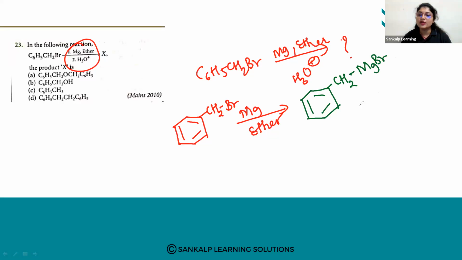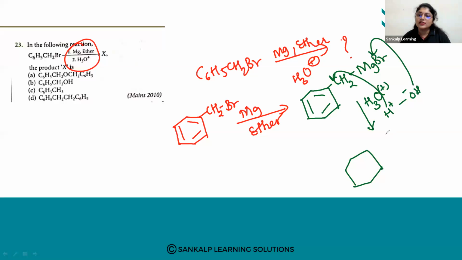So this is an organometallic compound, and it will undergo further hydrolysis. In hydrolysis, water splits into H plus and OH minus. H will be added here and OH will be added there, so this will be C6H5CH3 plus Mg(Br)OH.